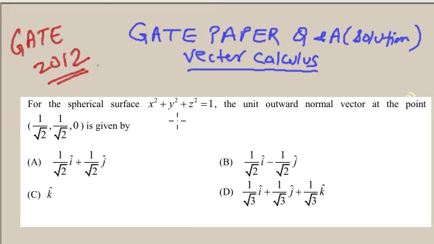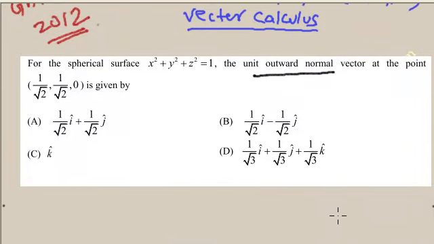This is another question. For this surface, find the unit normal vector. I have explained how to calculate this. What you are required to do is find the del f.